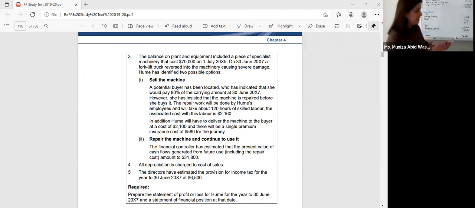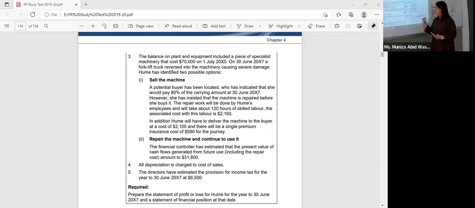When there is an indicator of impairment, we have to compare two values: carrying value and recoverable amount. And recoverable amount is the greater of value in use and NRV, that is fair value less costs to sell.